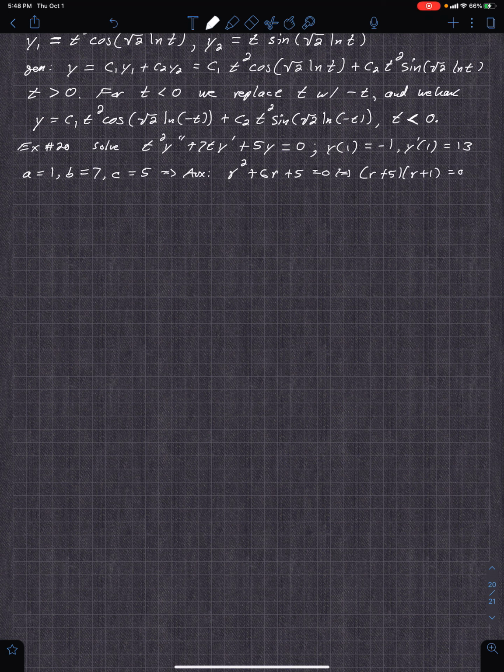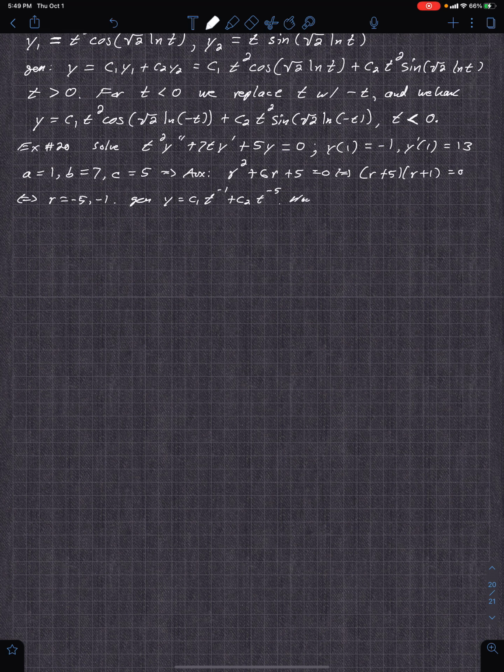Okay, so distinct roots, same as above, right? So that's the first one we did, but now we're just finding C1 and C2 and all that. All right, so you get r is -5 and -1. So your general solution is C1, and it's not e anymore. I was about to put e there. C1 t to the -1 plus C2 t to the -5.